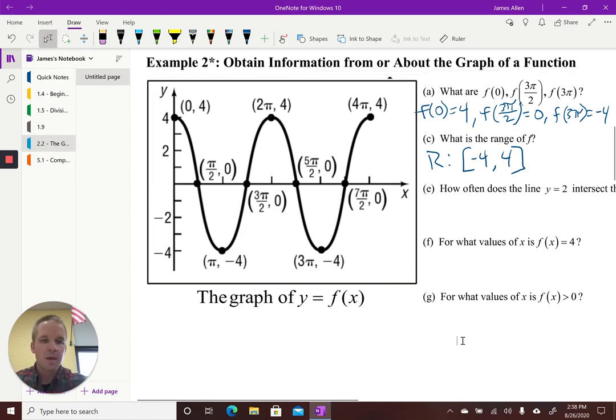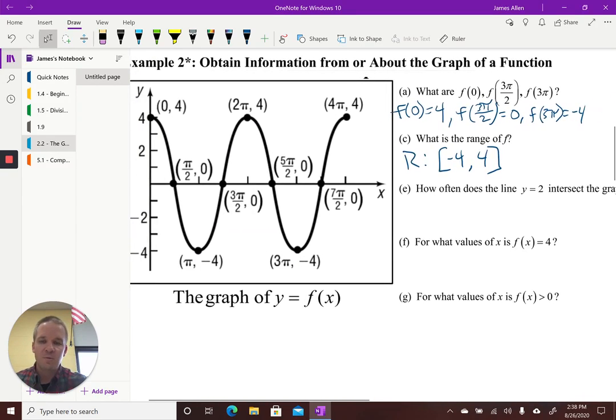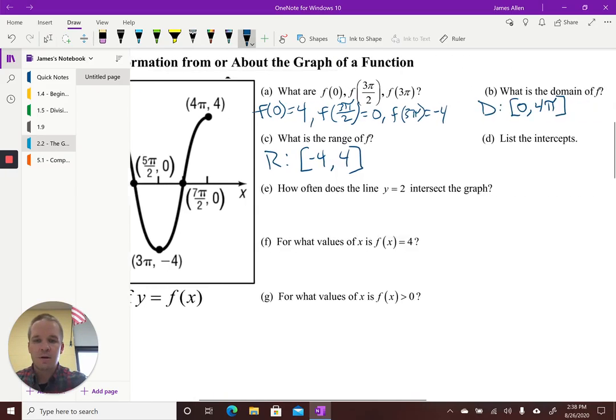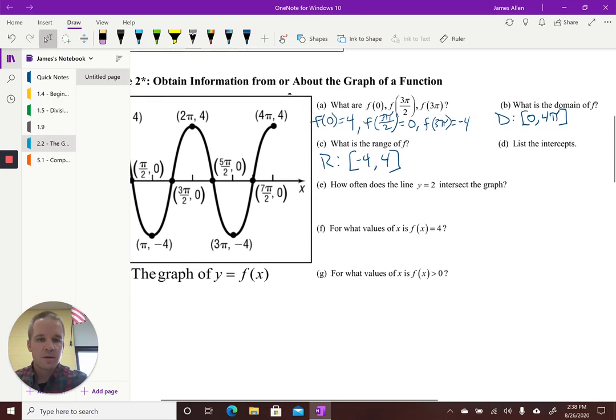All right. Let's see here. Part D, list the intercepts. All right. We've got a bunch. Why don't we start? We'll do the x's. It looks like we've got pi over 2, comma 0. I'm going to zoom out a little bit so I can see it all at once. There we go. So we've got x intercepts. We got pi over 2, comma 0.